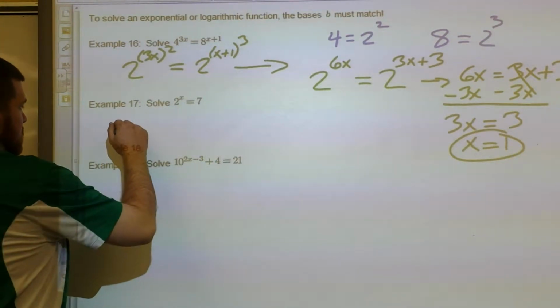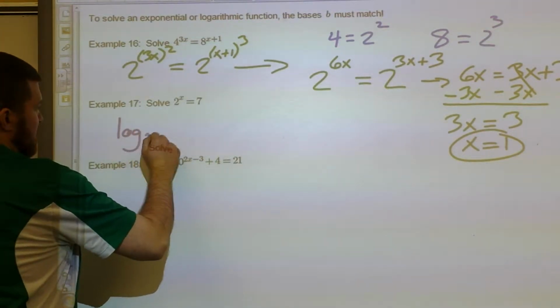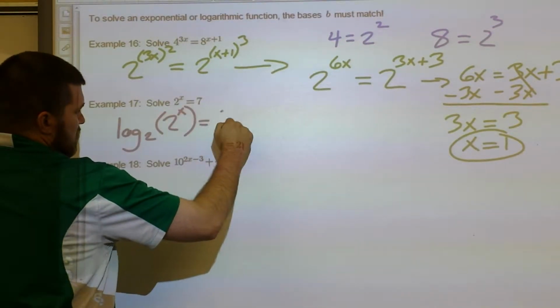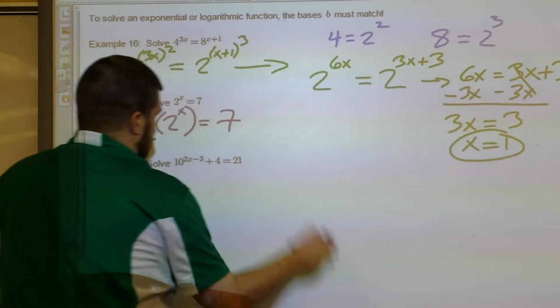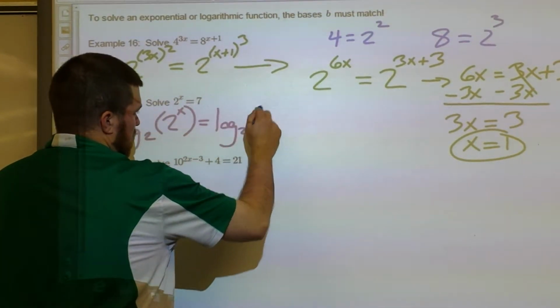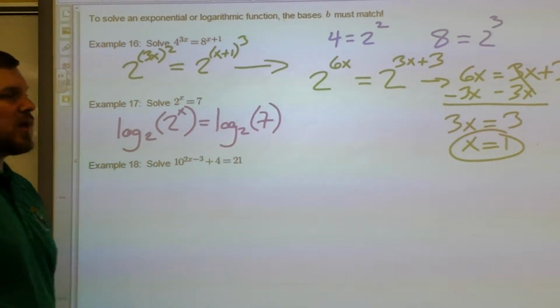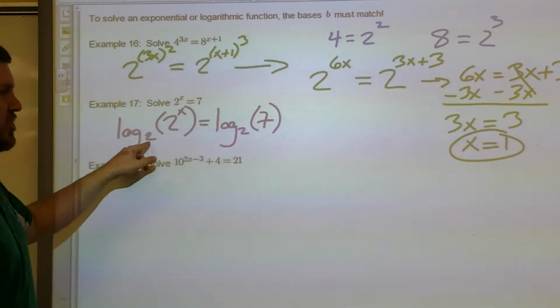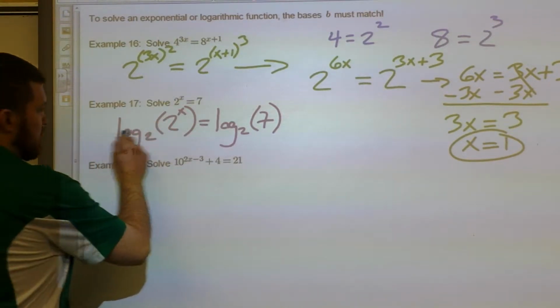So what I'm going to say is log base 2 of 2 to the x equals log base 2 of 7. Remember, what you do on one side, you have to do to the other. So I'm taking log base 2 on both sides. Base 2 and base 2 are going to cancel out.